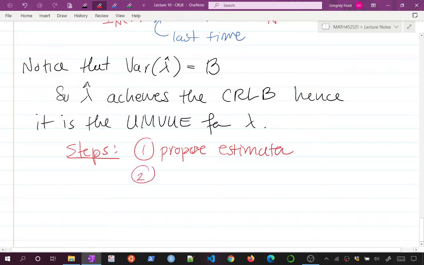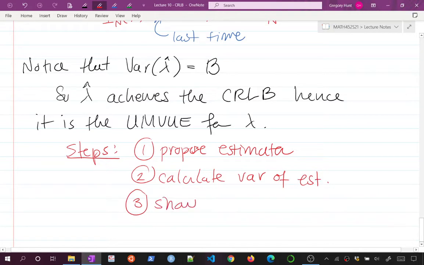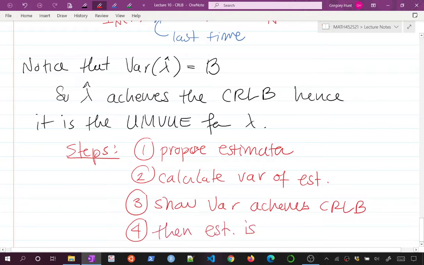But if we have an estimator in hand, someone, the Lord comes down, gives us an estimator x bar and says, use this, then we have the estimator. 2, calculate variance of estimator. 3, show variance achieves CRLB. 4, then our estimator is UMVUE.